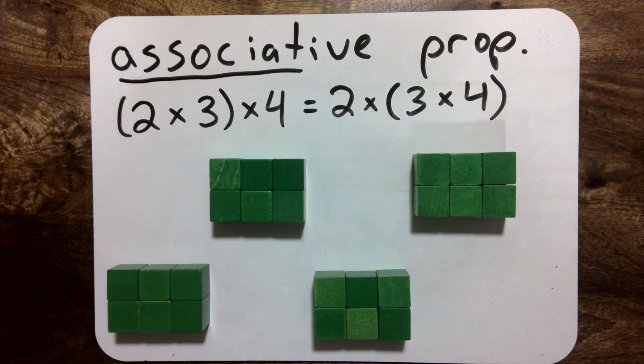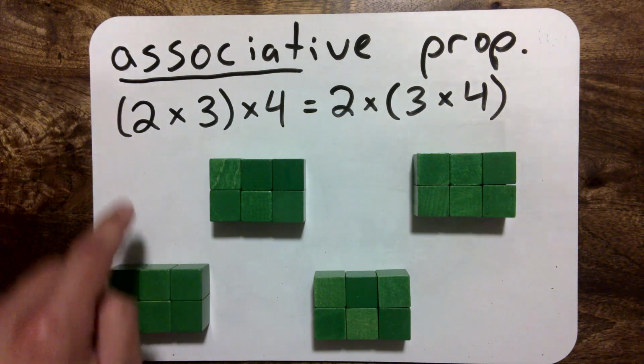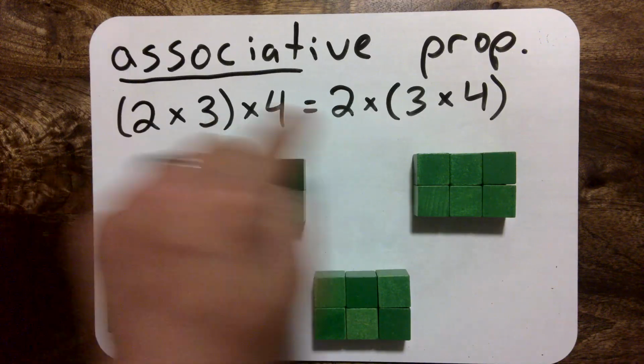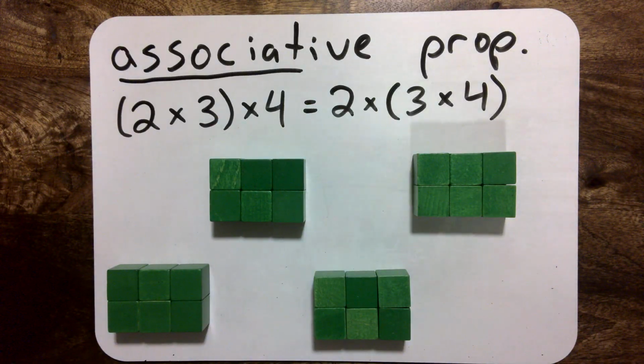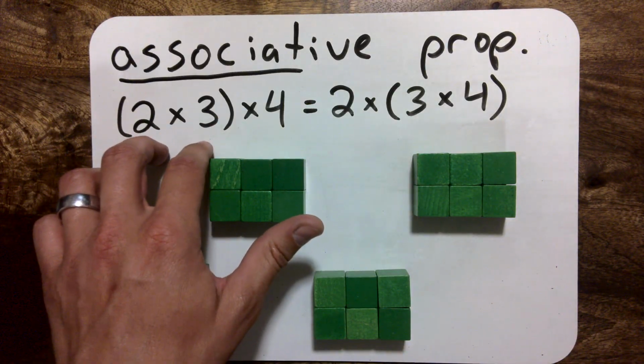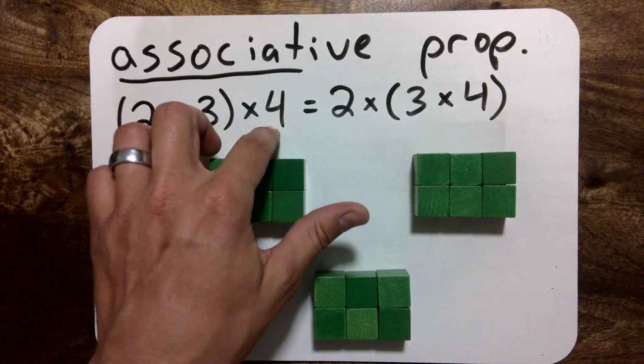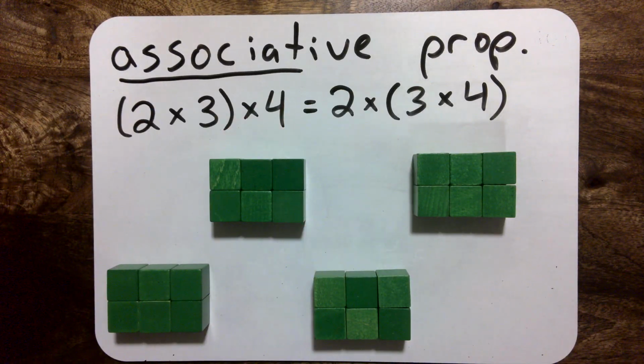One of the models I'm going to show isn't quite as commonly used, but I'll still show it just so we have an example. But for this first one, how we're going to interpret the numbers inside our grouping symbols, inside our parentheses, is those are going to be our area models. Okay, so we're going to make area models here. And then our other multiplier is going to tell us how many area models we have.